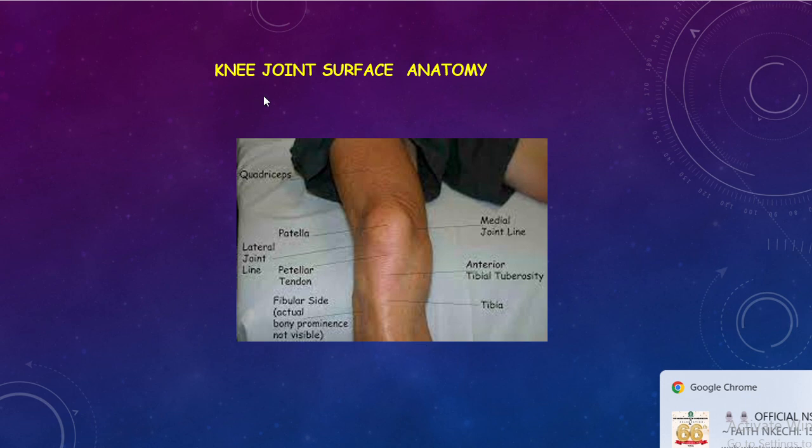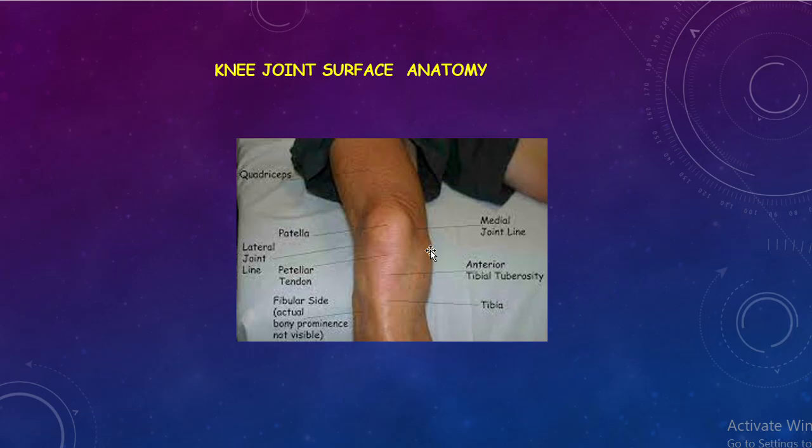Then we're going to the knee joint, where we have several other articulations. We have articulations between the patella, the sesamoid bone, and the femur, the patellofemoral joint. There is articulation between the ends of the femur, the medial and lateral epicondyles, articulating with the tibia condyles, and the tibia condyle is also split into two, medial and lateral.